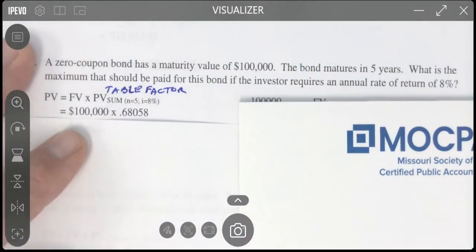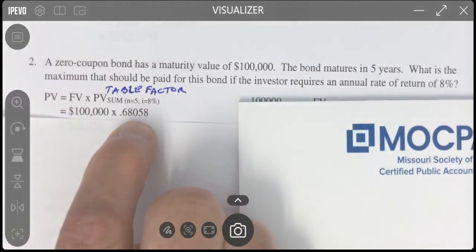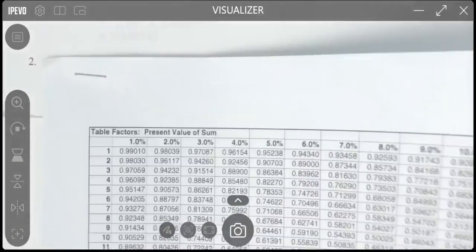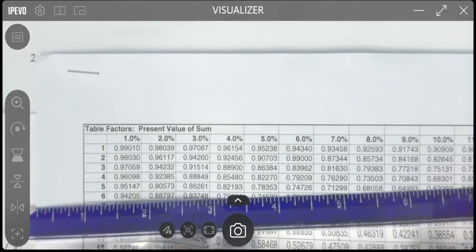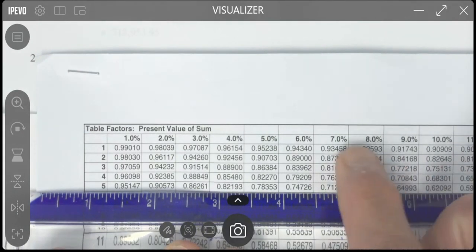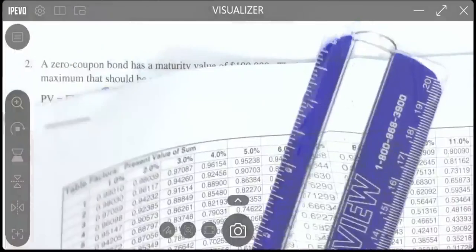The present value of a sum table factor for 5 years and 8% is 0.68058.